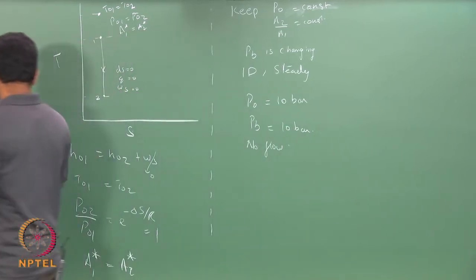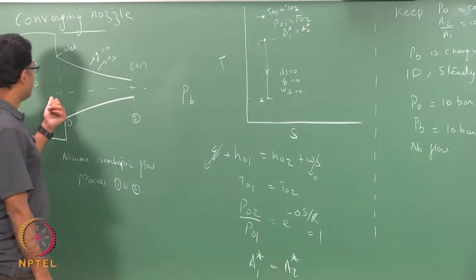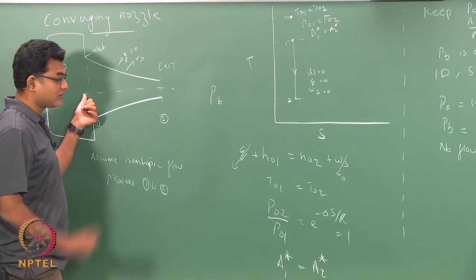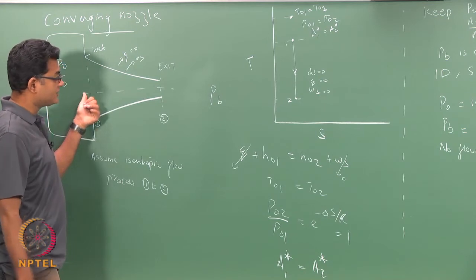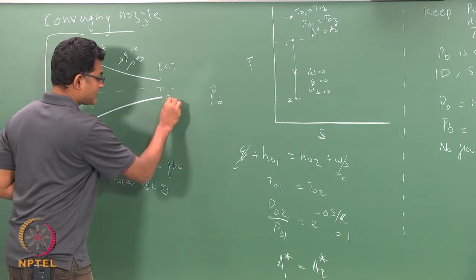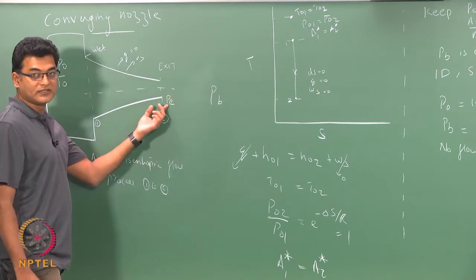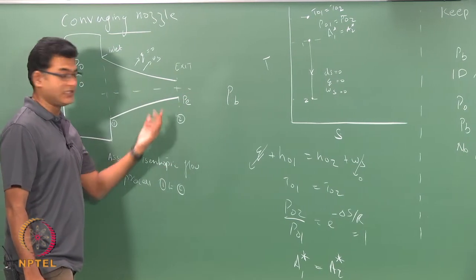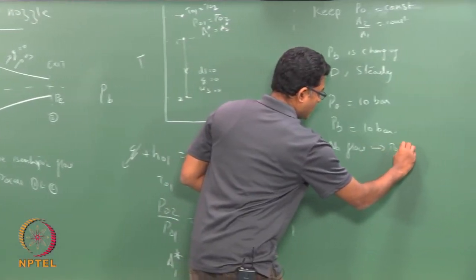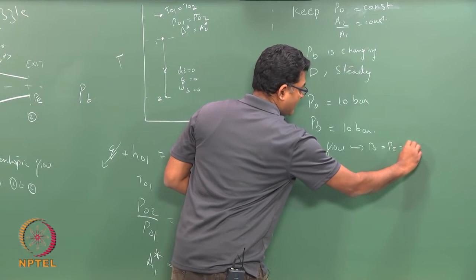So, this is the back pressure I have. The inlet stagnation pressure is P0, which is giving you the gas. If the back pressure is also the same value, there is no pressure difference. So, your exit pressure P exit is also the same value, there is no change. So, your P0 equals P exit equals Pb, no flow.